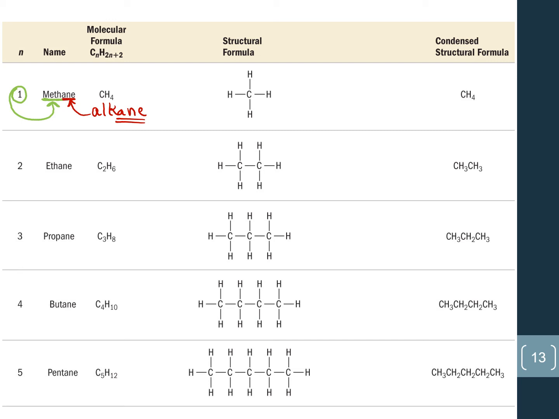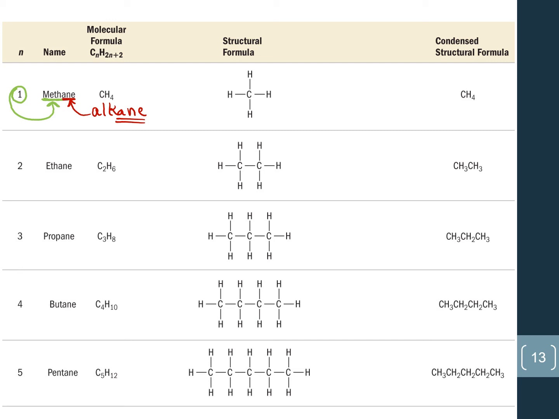So meth, the beginning, underlined in green, that part of the name tells you how many carbons you have. The ending of the name is telling you which specific type of hydrocarbon you have. A-N-E is the ending of the name for a compound that is an alkane.